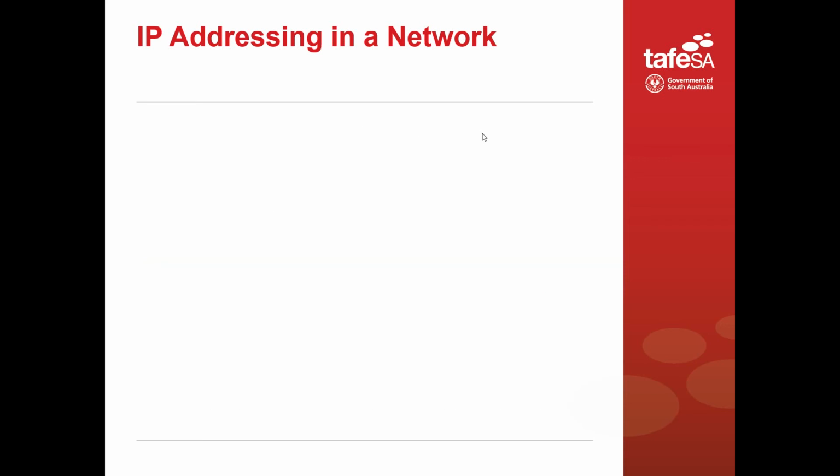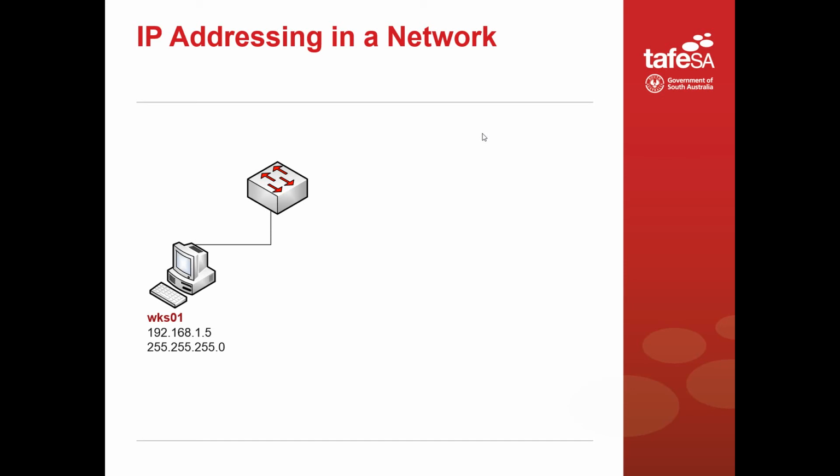So let's have a look at this, and we're actually going to build a network now and connect computers to it and work out how we can get an IP address. First we have a switch. We're going to plug our computer into the switch. And using the example before, we're going to give it an IP address. So there's workstation 1, and I'm giving it the IP address 192.168.1.5 and the subnet mask 255.255.255.0.